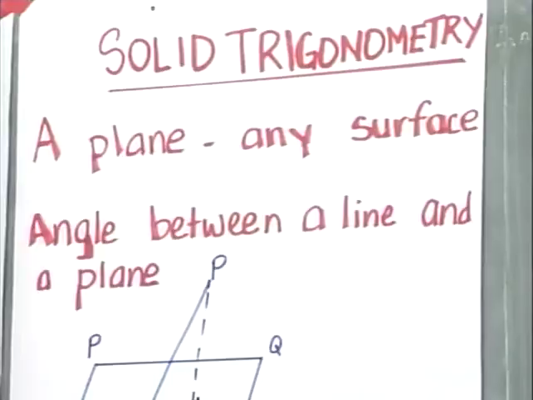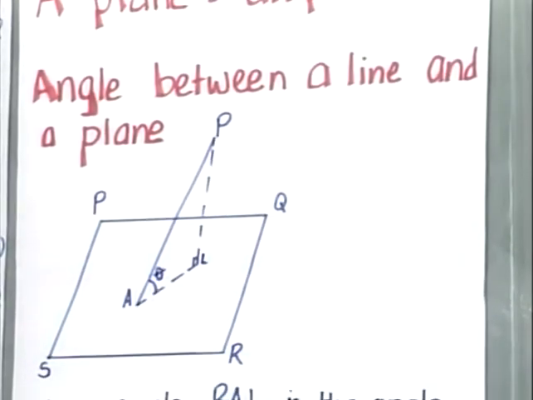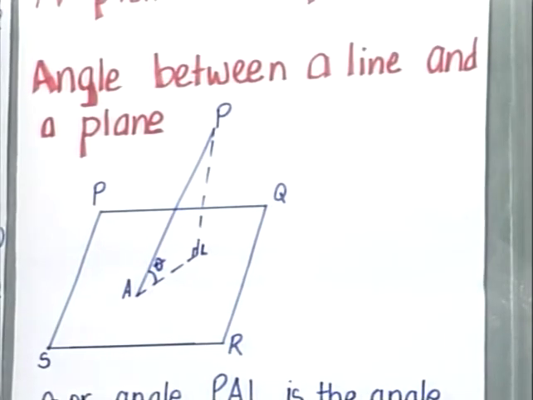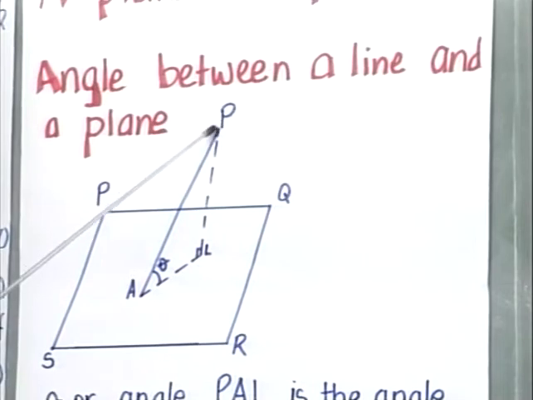The next thing we need to know is how to identify the angle between a line and a plane. For instance, PQRS is a plane, a surface, and we have to identify the angle the line PA makes with the plane PQRS.